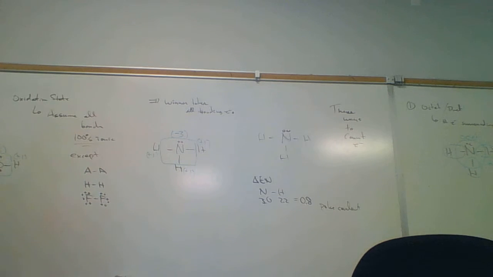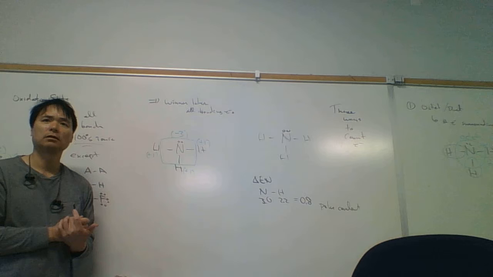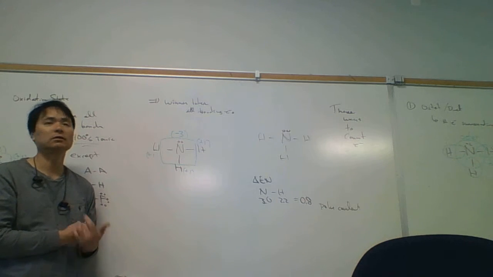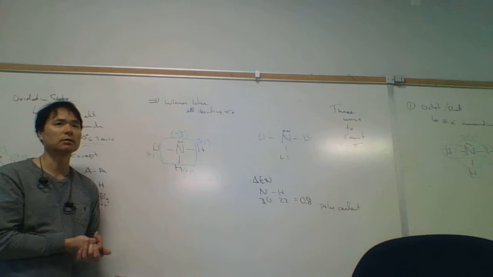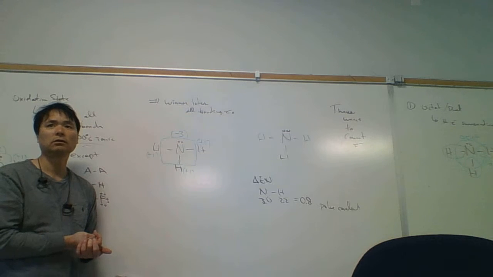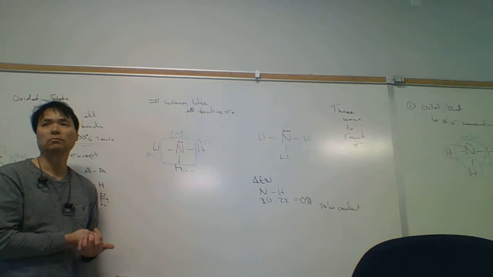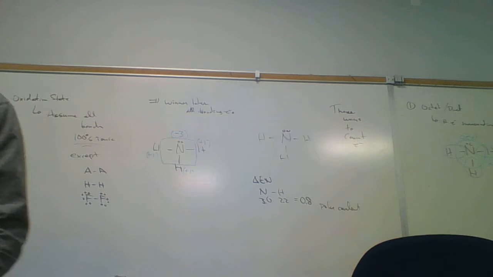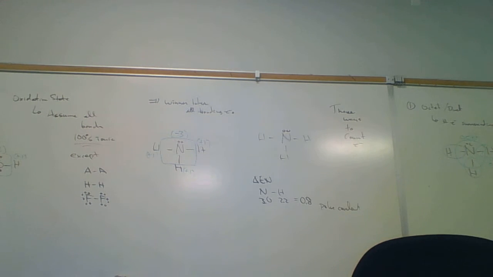Is ammonia as stable as water? No. Ammonia, you can burn this stuff. You don't want to burn it, but you can burn it. If it burns, that means it's electron rich. That's why you don't want to mix ammonia with bleach, because ammonia is electron rich, bleach is electron poor.